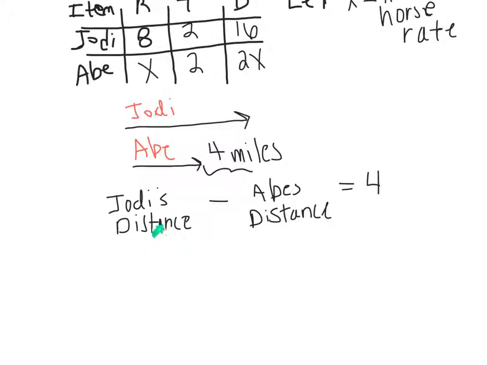So I always find it helpful to write these word equations first. So Jody's distance minus Abe's distance is equal to 4. Now you just go look at your chart for what you put in the Jody's distance, which is 16, and Abe's distance is 2x. So 16 minus 2x equals 4. Easy enough equation to solve.